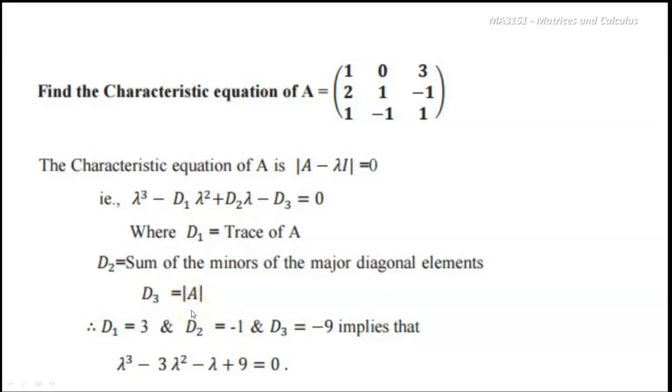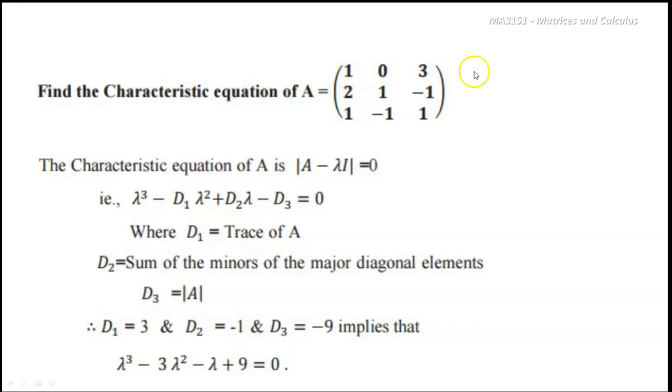So after using this formula, D1 becomes 3. D1 is nothing but sum of the diagonal, 1 plus 1 plus 1. So it will be equal to 3. Then D2. D2 formula, sum of the minors of the diagonal. So first minor of the diagonal, this is the first diagonal. So the minor of this one is the determinant of the remaining terms.